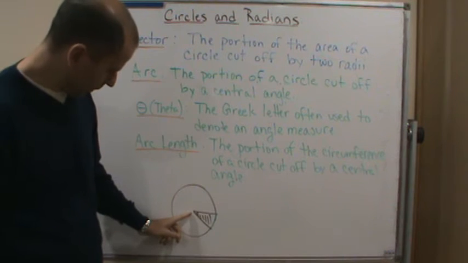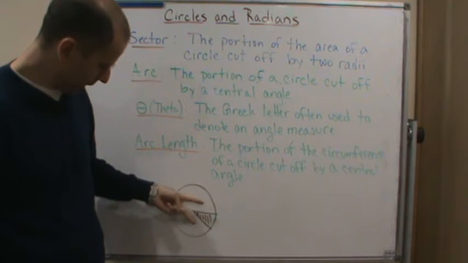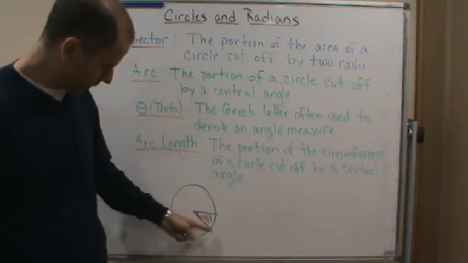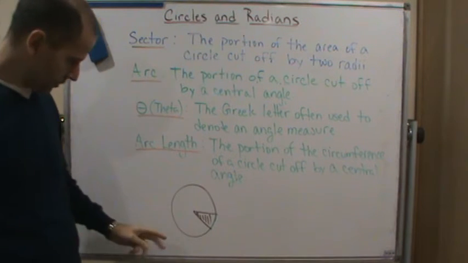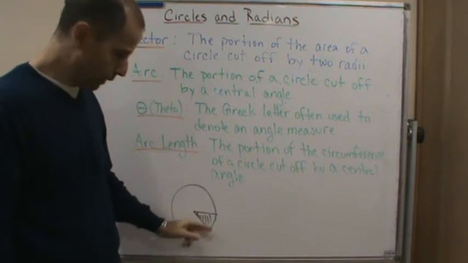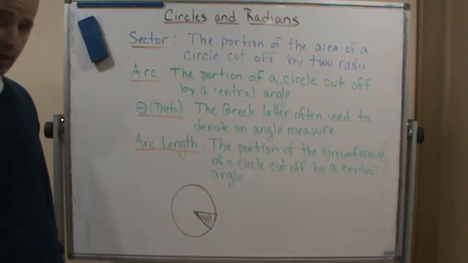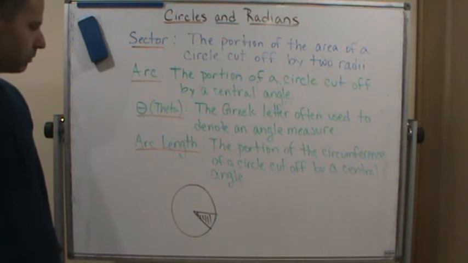So we have a central angle, okay? A central angle is made by two radii that come from the center of the circle to points on the circle. And so the arc would be the piece of the circle in between the two radii that make the central angle.